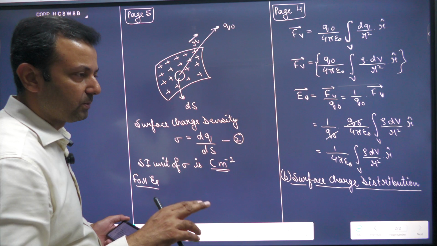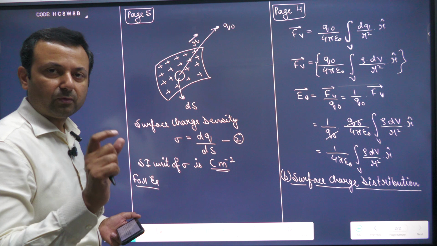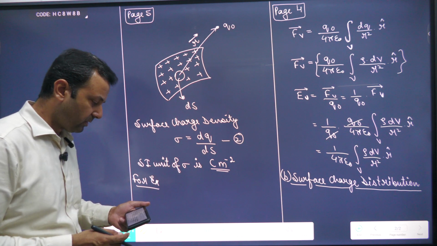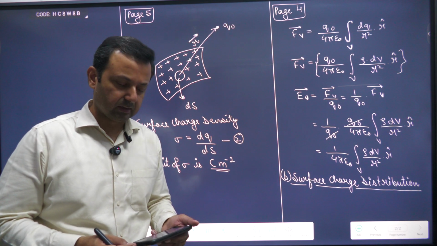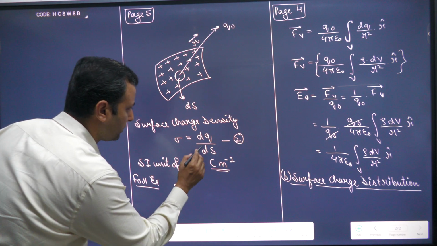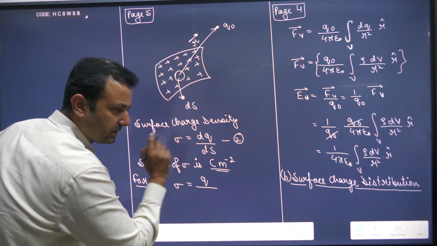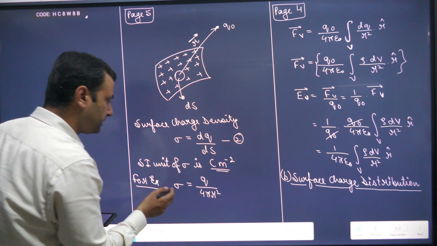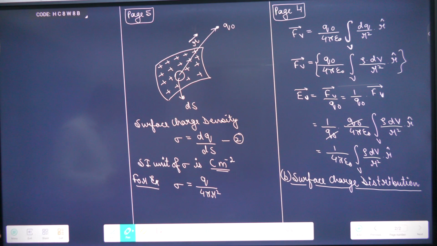Like the volume of a sphere is 4 by 3 pi r cube, the surface area of a sphere is 4 pi r square. So if a charge Q is uniformly distributed over the surface of a spherical conductor of radius r, then its surface charge density sigma is equal to Q upon 4 pi r square. This is just an example. Is this clear till now?